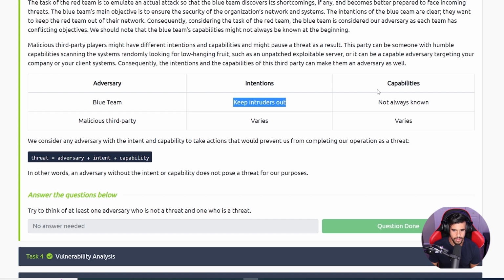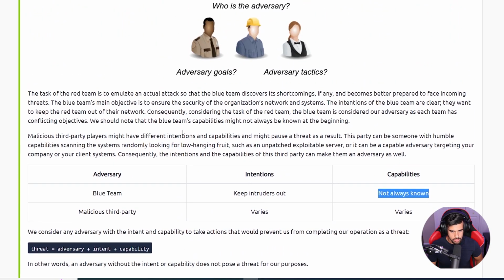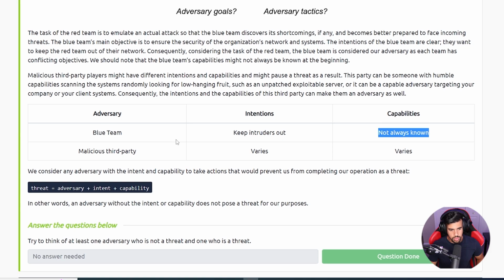And we don't always know their capabilities. We don't always know how competent they are, what kind of detection software, like EDR and SIEM, they're using. How skilled are they? What can we get away with?